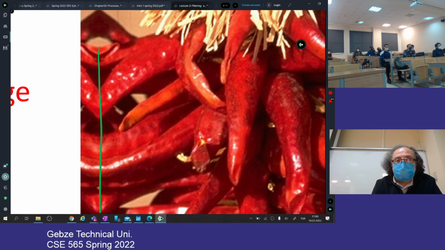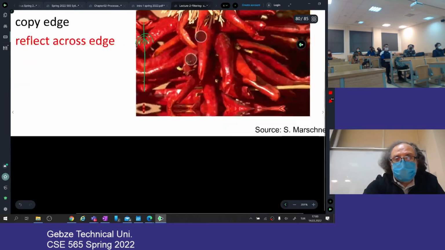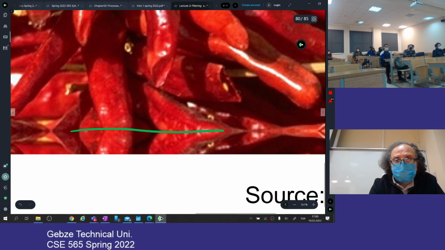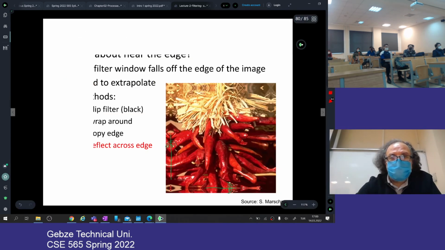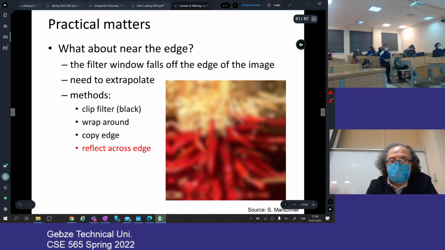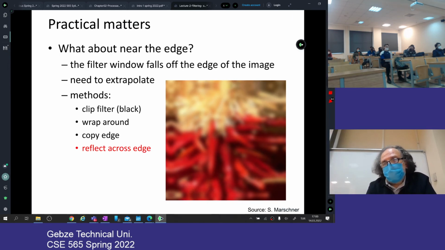But in a symmetric way. So like this. And the same thing around here, like that. Okay? So this is called reflect across edges, and if I apply my filter after that, I would get such a result.